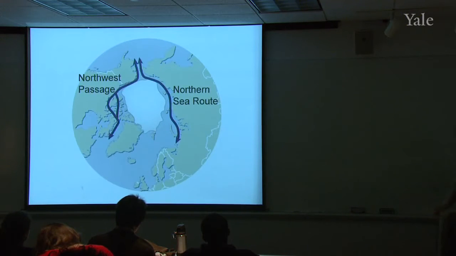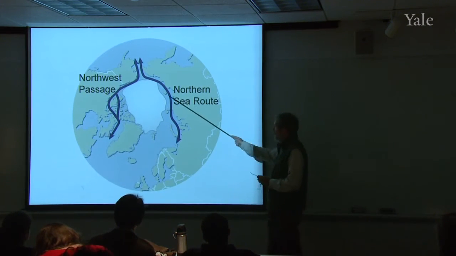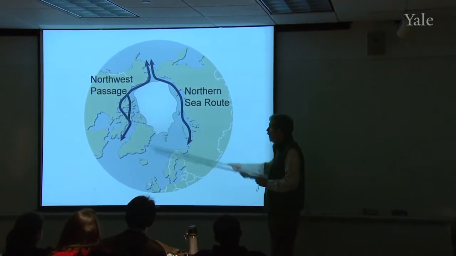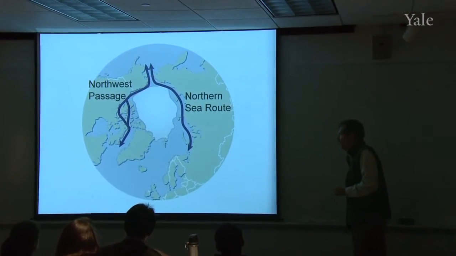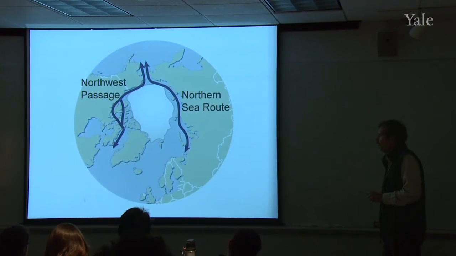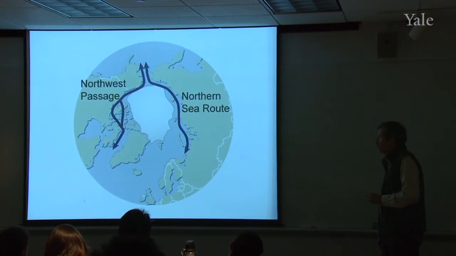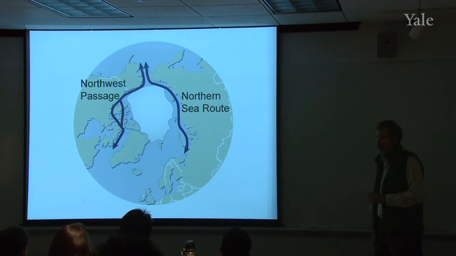And of course, what's also in the news is that now, as in the Arctic Ocean, you get a retreat of that minimum sea ice in September. You've opened up these two long sought navigational routes.